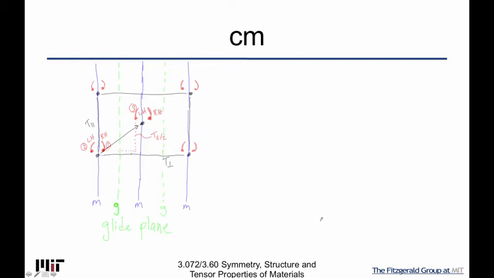So we have another glide plane there. So now you're starting to see the development of CM. But before we make the final, well, let's just make the final drawing of that.